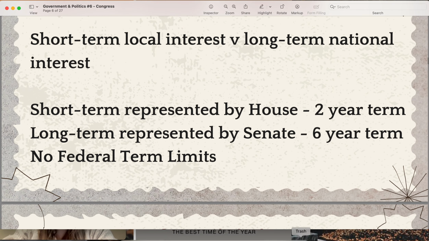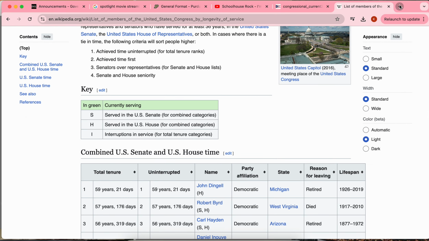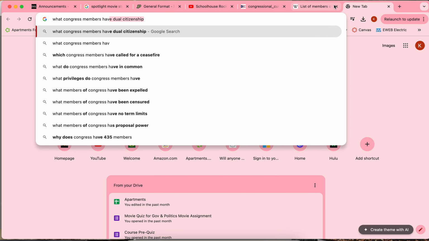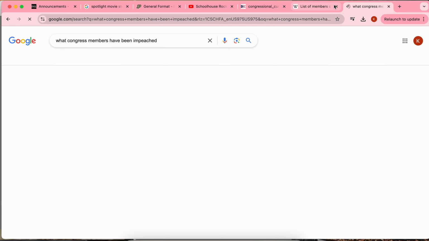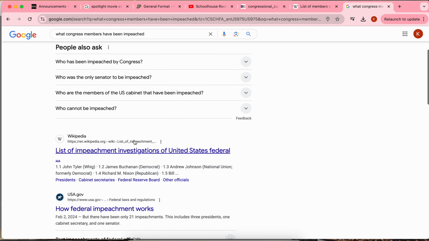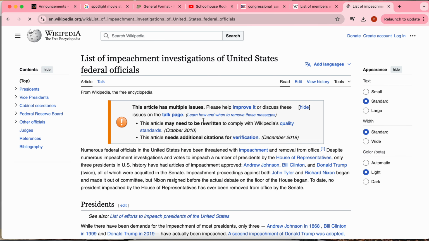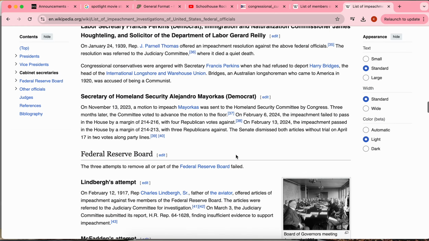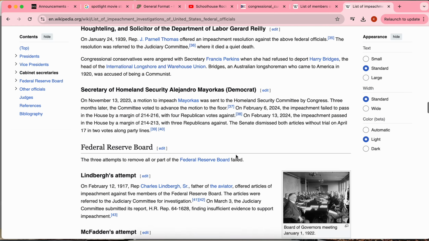Oh, I also wanted to see who had been impeached. Presidents, cabinet.